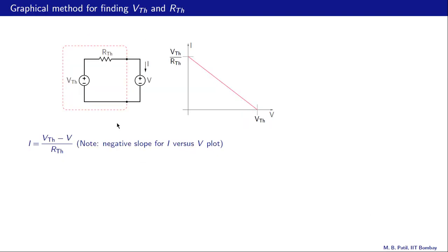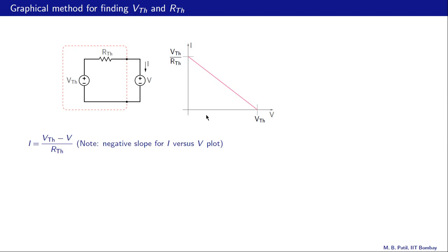Let us now look at a graphical method for finding VTH and RTH. This is a Thevenin equivalent circuit of some original circuit, and what we do is connect a voltage source here and plot this current as a function of this voltage, and the plot that we are going to get is shown over here.